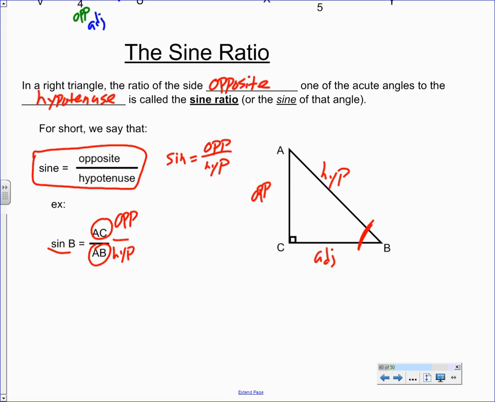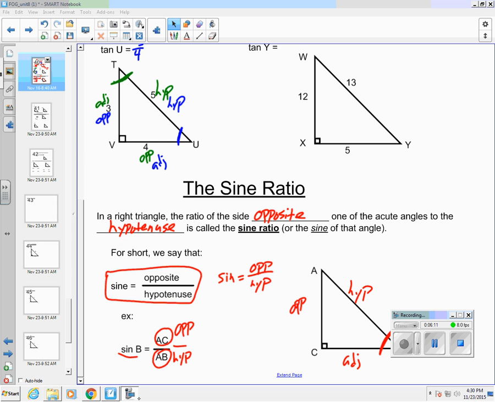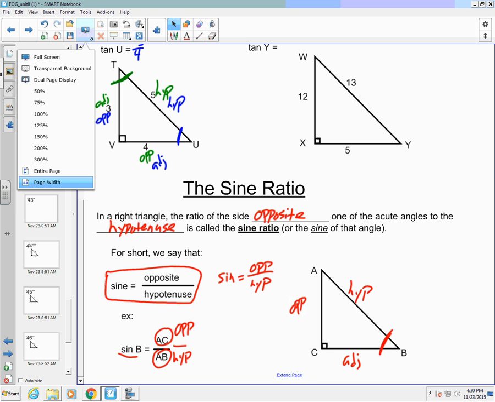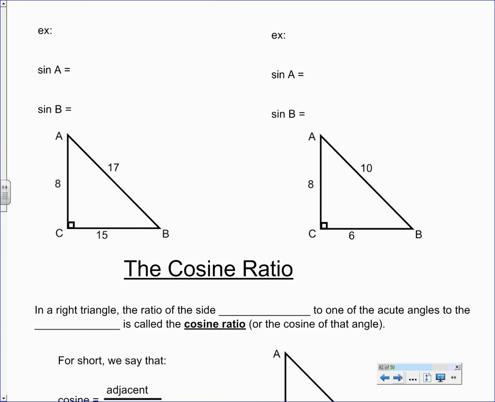It's our sine ratio. Again, we'll do one example here together and leave the other one for you to do on your own.